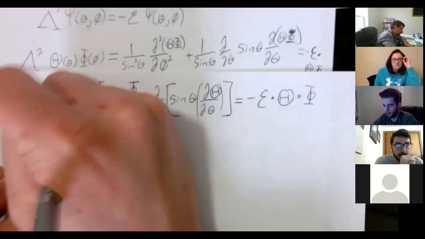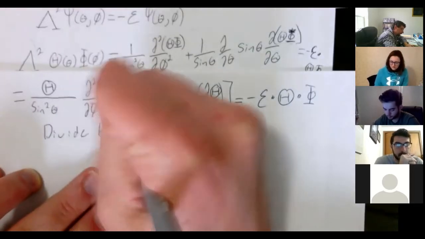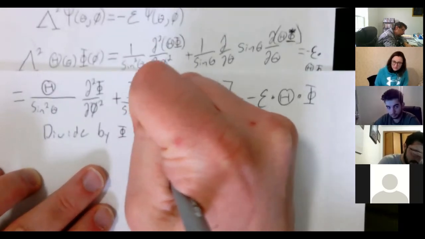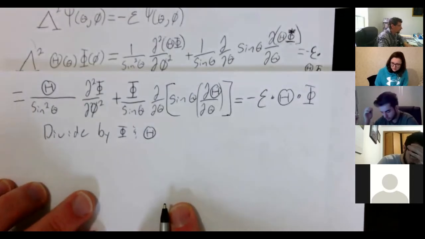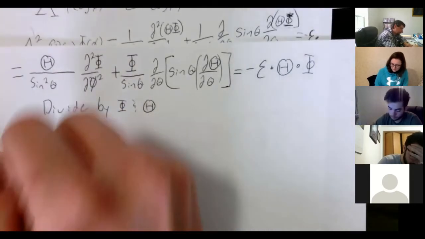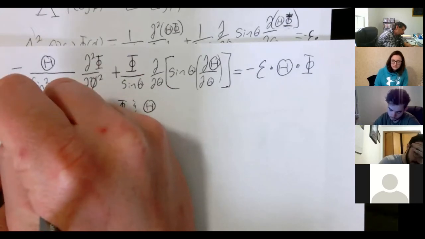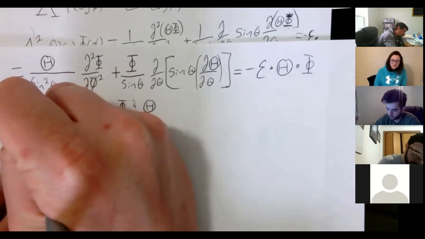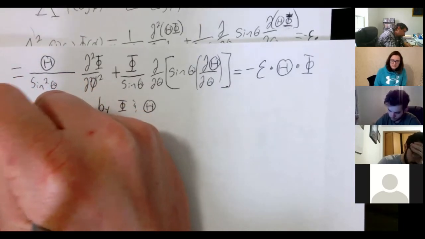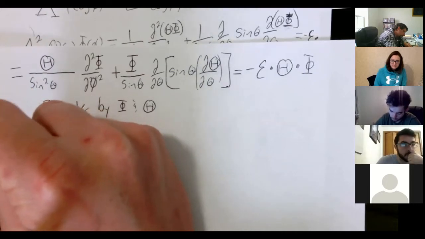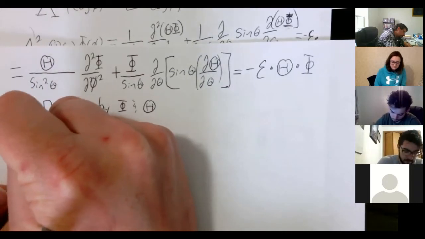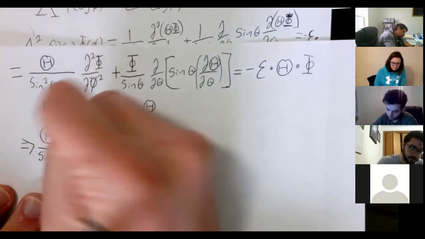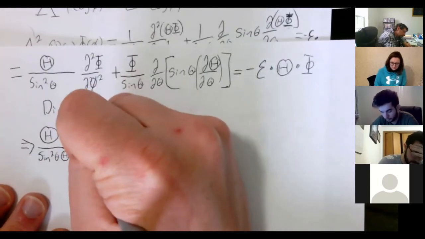So divide by I and theta. When we do that, let's write that in. Sine squared theta, theta I. This is going to stay the same.